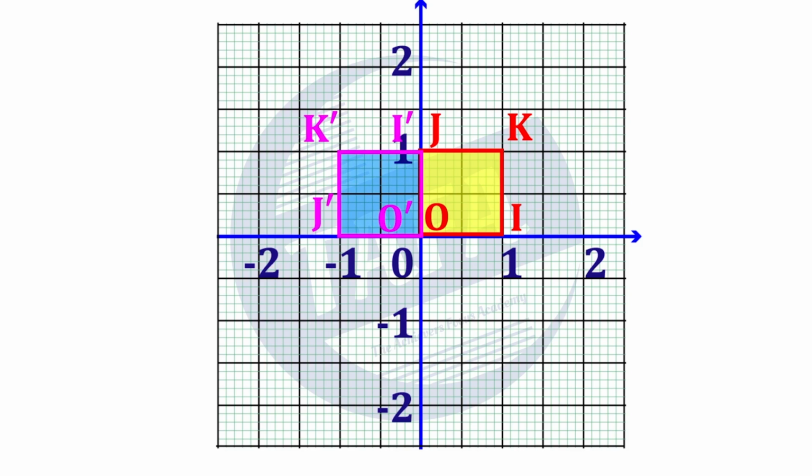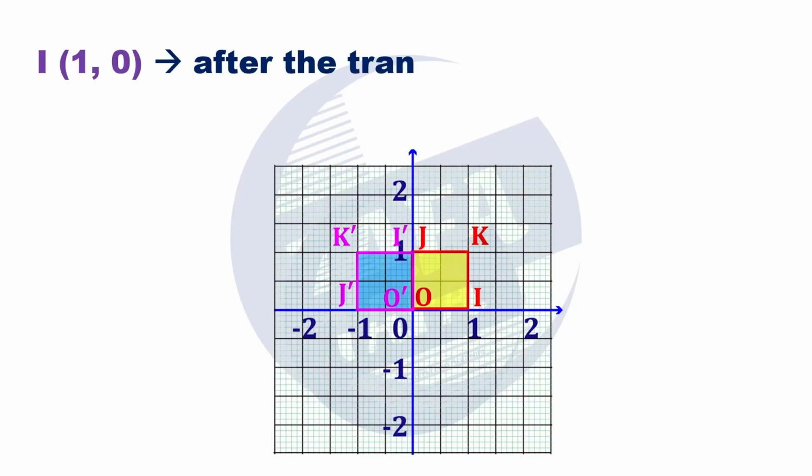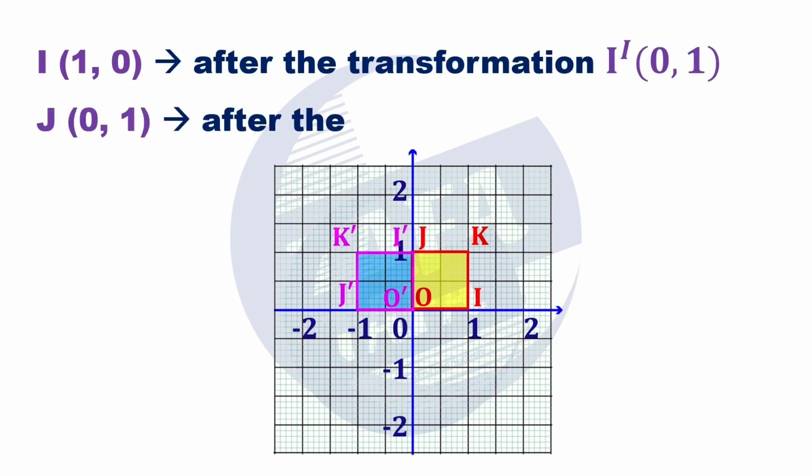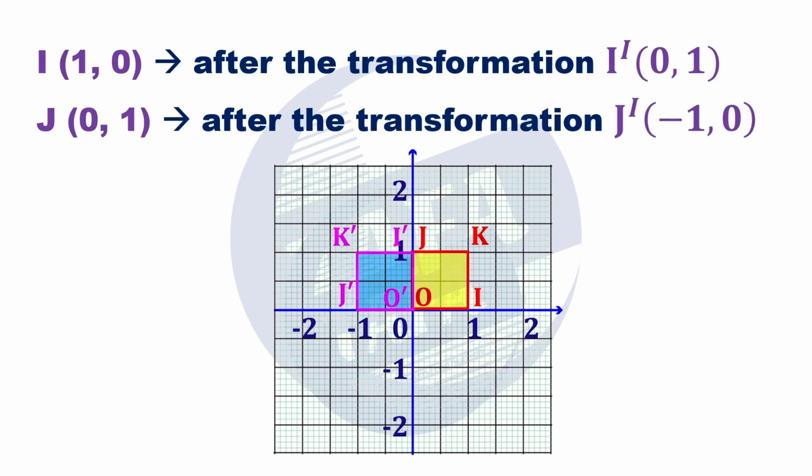And then J is going to be at the point (-1, 0), as shown here on the diagram. So basically what we are doing is we are just rotating the unit square OIKJ, so that we obtain O prime, I prime, K prime, J prime.